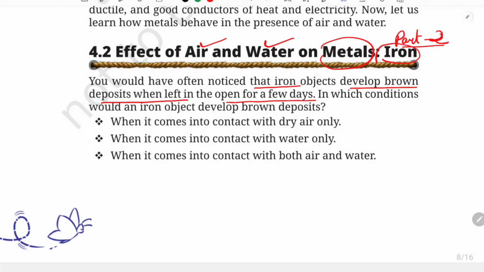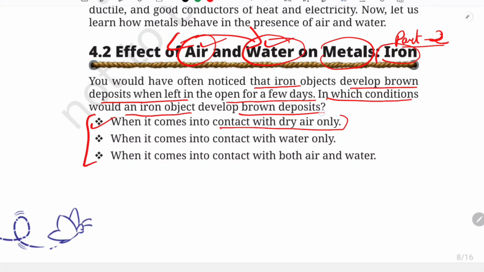Okay, and we are going to see whether the brown deposit forms in the presence of air only, or in the presence of water only, or in the presence of both air and water. So in which condition would an iron object develop brown deposits? There are three conditions given here. The first one is when it comes into contact with dry air only, or when it comes into contact with water only, or when it comes into contact with both air and water.